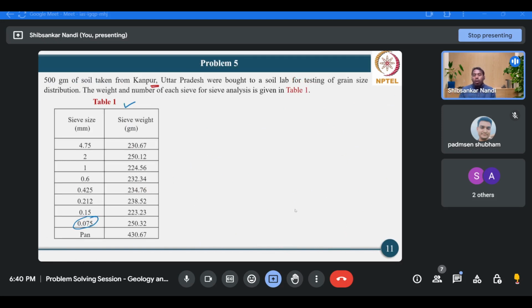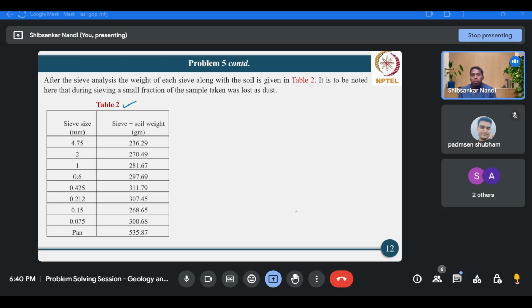For this specific problem, problem 5, we are given some data corresponding to sieve analysis as well as hydrometer analysis. 500 gram of soil taken from Kanpur, Uttar Pradesh was brought to a soil lab for testing of grain size distribution. The weight and number of each sieve for sieve analysis is given in this table.